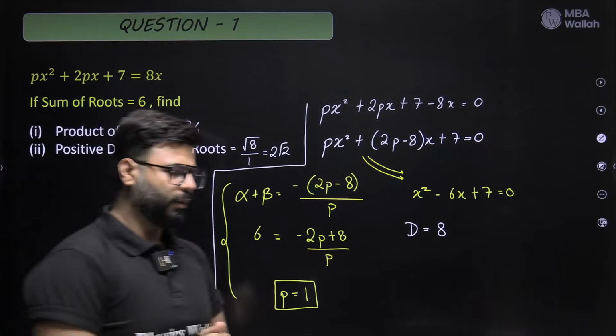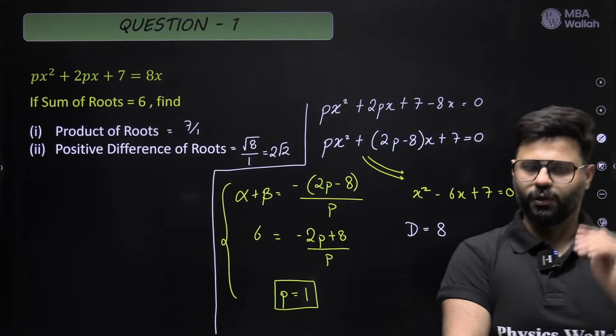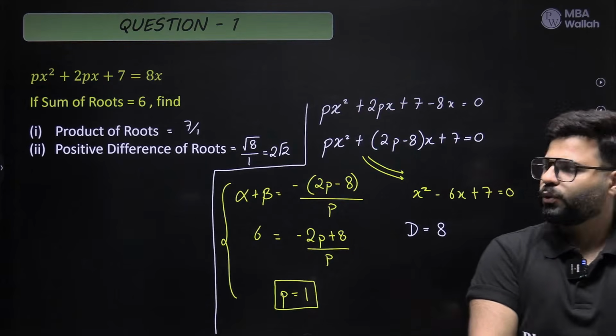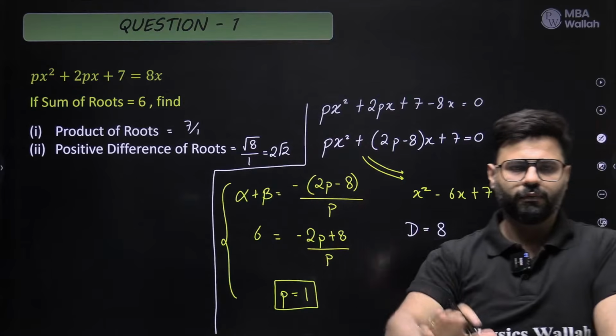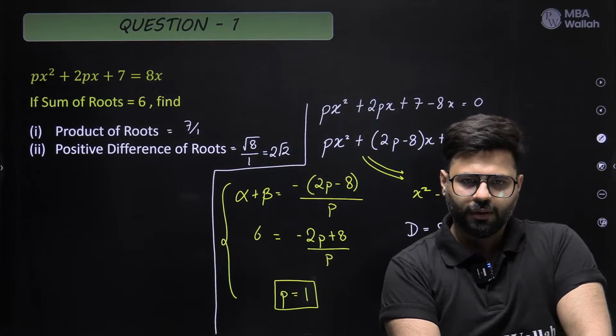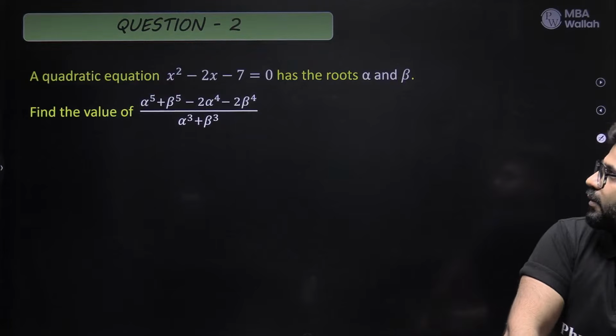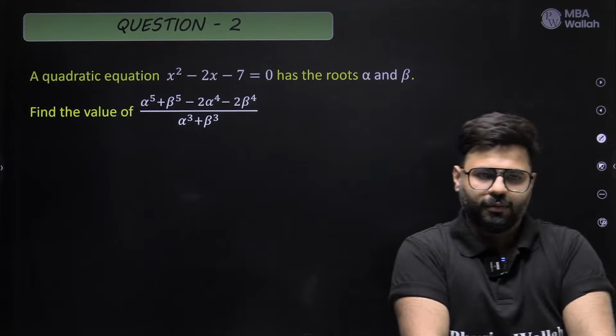You want to try one more interesting question? Now I'll just shoot up the level, right? This was just to make you comfortable with the formulas. Fine. Okay. Perfect, guys. Have a look at this question. Looks crazy.